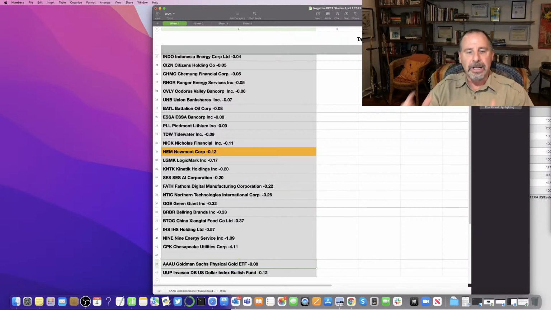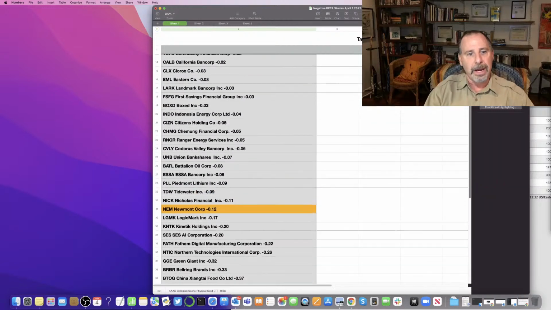Because Newmont Mining doesn't just have the value of the gold, but you're buying the future value of all the gold that they're going to produce minus the cost of that gold. So if gold goes up $1, they're basically making an extra $1 of profit on every ounce of gold that they will produce forever. That's great. That's why gold is a good hedge, and that's why it makes sense to see Newmont Mining in there, Newmont Corp. By the way, I've looked at NEM. I would buy it. It's a good stock.